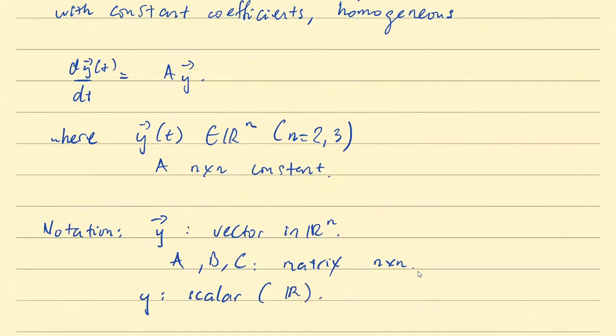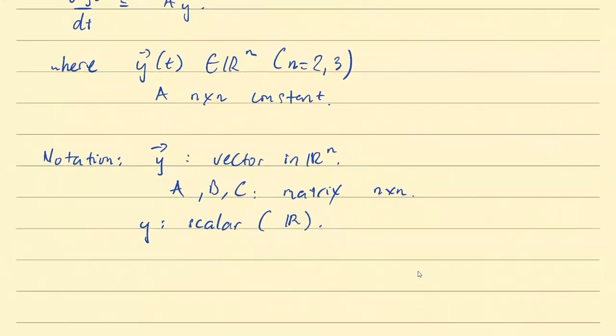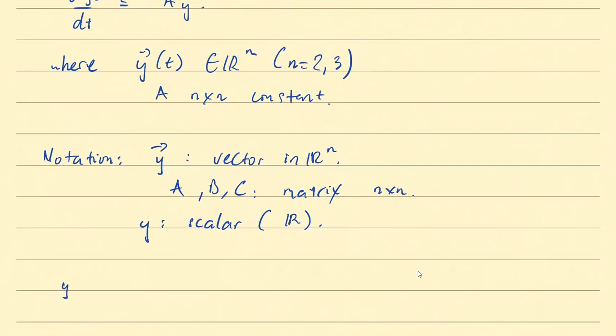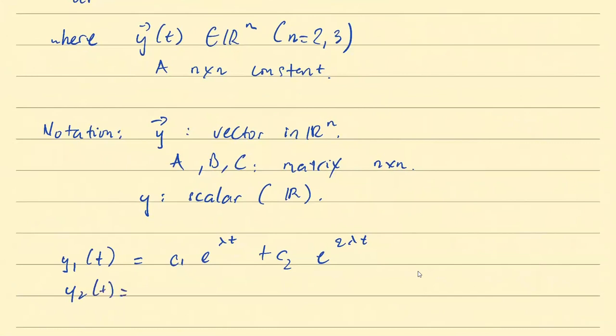So for that reason, for example, I could have written something like this. Let's say y1 of t is c1 e to lambda t plus c2 e to 2 lambda t. y2 of t would be, sorry, forget the lambda, c1 times e to minus t, let's say, and then 2 e to minus t plus c2 times 3 e to 2t.